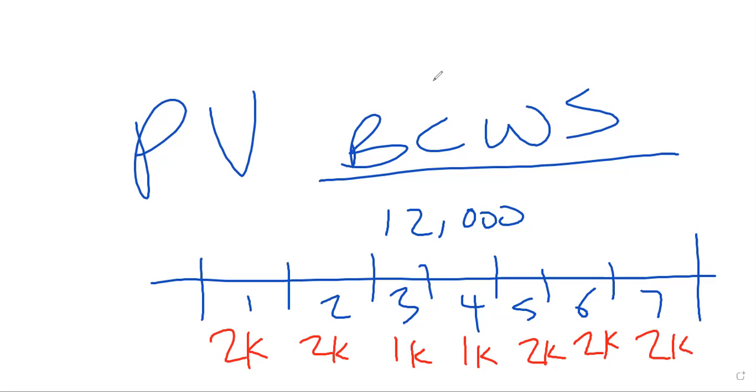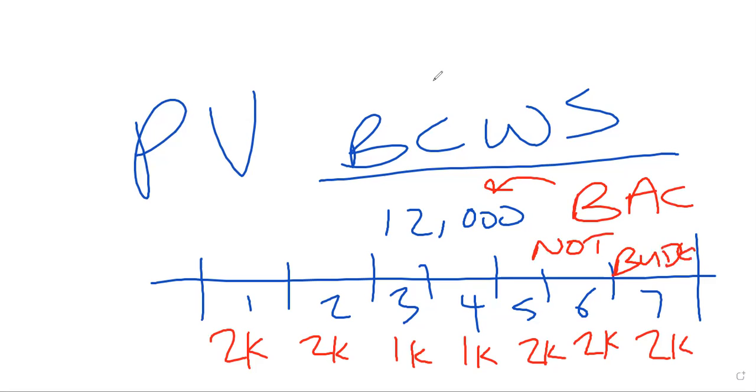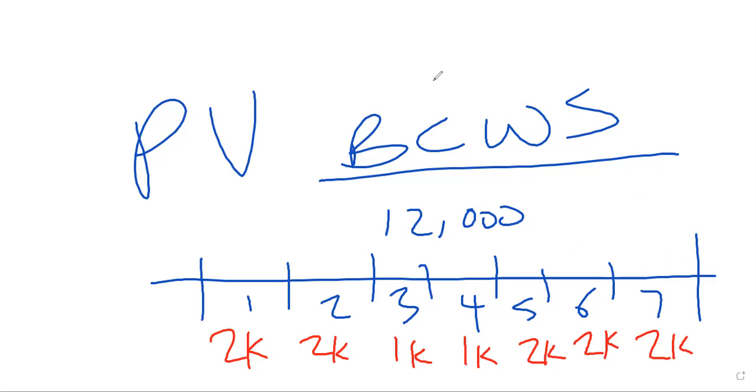It's not, okay? So when we talk about the budget at completion, this is not the same as the budget, okay? Why? Because the budget contains something that is not in this picture. What is not in this picture is the management reserves. All right, management reserves plus your cost baseline will give you your project budget.